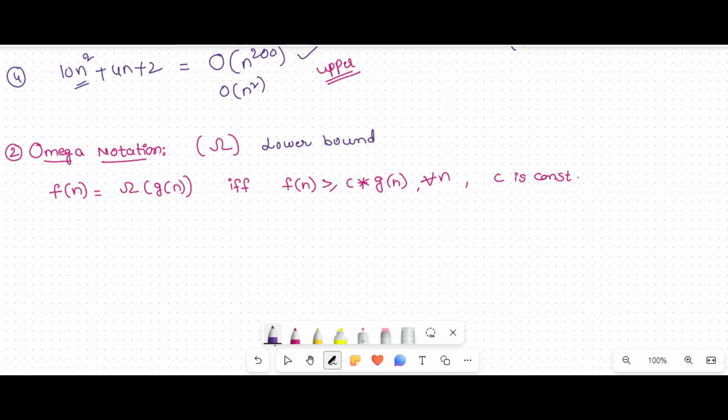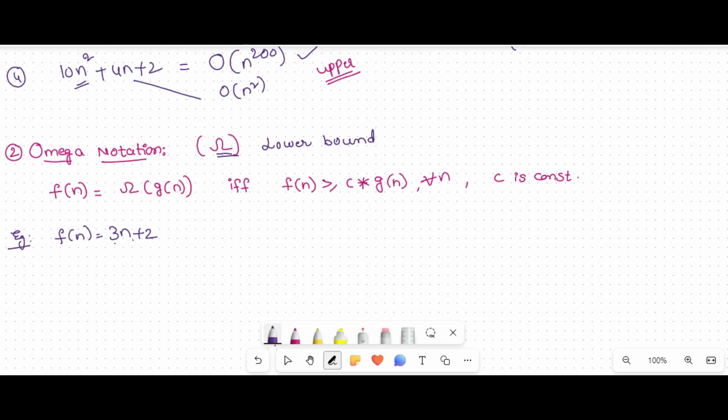Okay, now for this, take some examples. For example, the function f of n equal to 3n plus 2. So in omega notation, how can we say the time complexity? What is a lower bound for the function 3n plus 2?